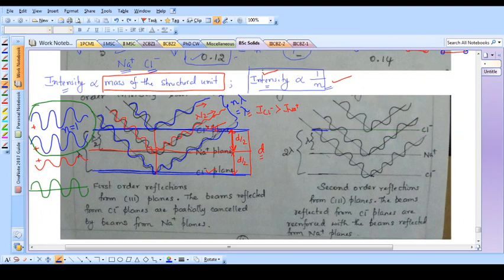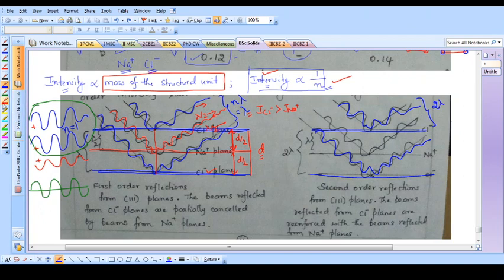first chloride plane, this is the second chloride plane. So X-rays are reflected from both of these planes at a particular angle, and to observe a second order reflection, the path difference between these two planes should be equal to 2 lambda.